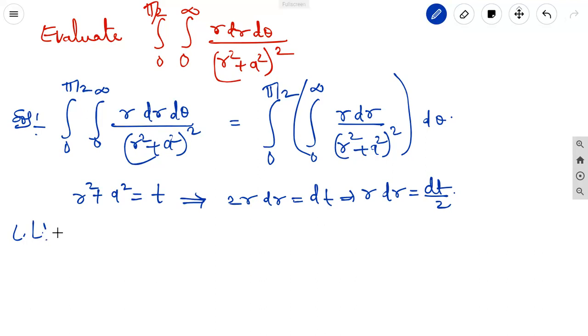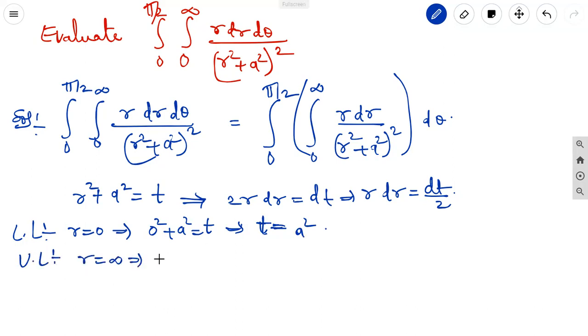Lower limit is r equal to 0, then 0² + a² equals t, so t equals a². Upper limit is r equal to infinity, so infinity² + a² equals t, that is infinity only. Infinity plus something is infinity only.